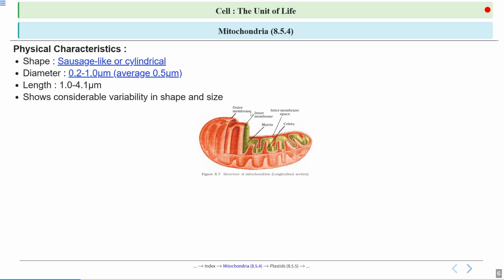Between this outer membrane and inner membrane, there is a space known as the intermembrane space. Then this inner membrane has certain foldings which are known as cristae. Now you can see the matrix here, which is the fluid present within the mitochondria. We will talk about all of these terms one by one.